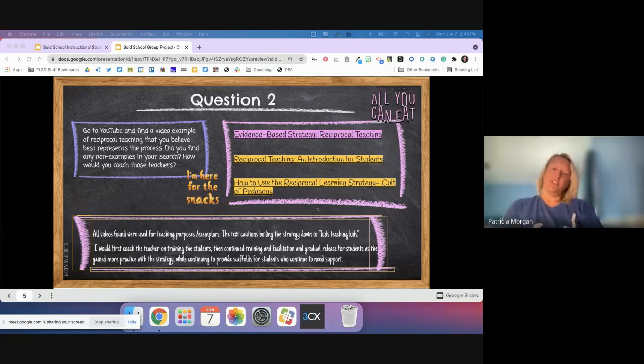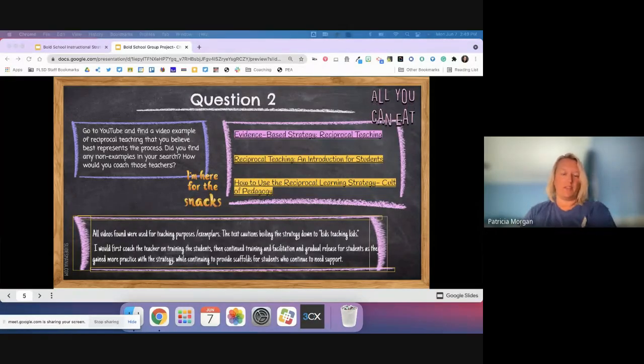And just like with any strategy, doing guided practice, the I do, we do, you do kind of thing. Definitely provide scaffolds for students who need additional supports.